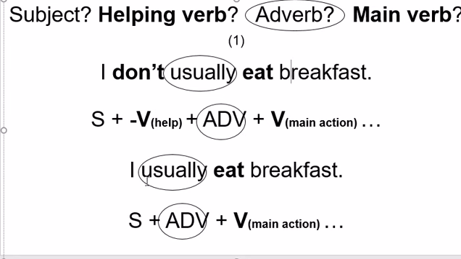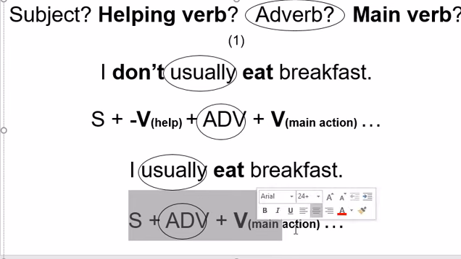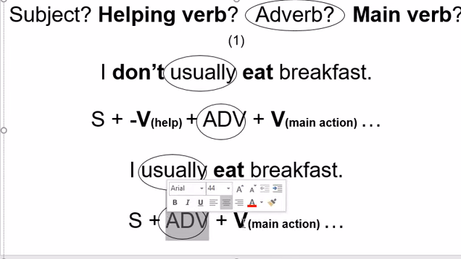What's the subject? I. Is there a helping verb? Nope, no helping verb here. It's a statement. It's a positive sentence with an action verb. What's the main action verb? Eat. Good. And the adverb? Usually. All right. So the rule looks like subject plus adverb plus main verb. So we put the adverb before the main verb.